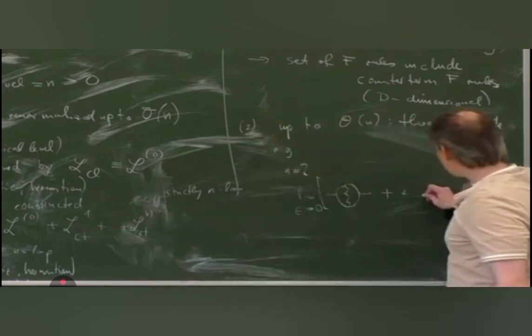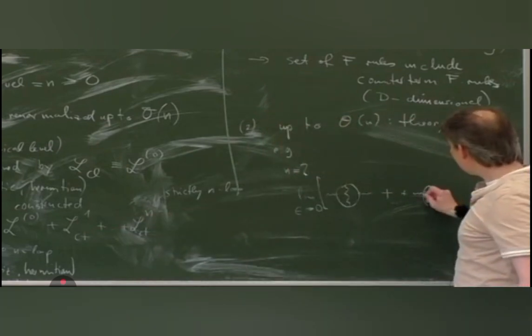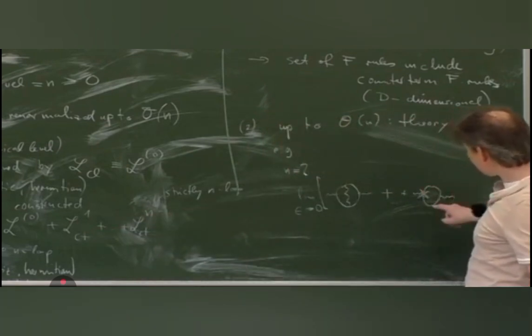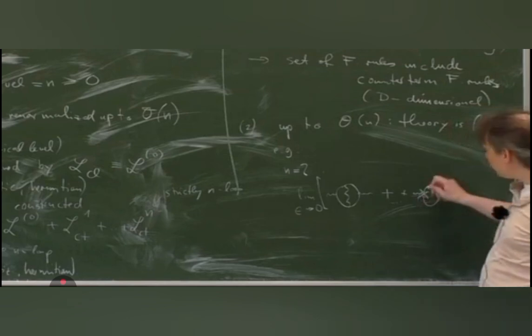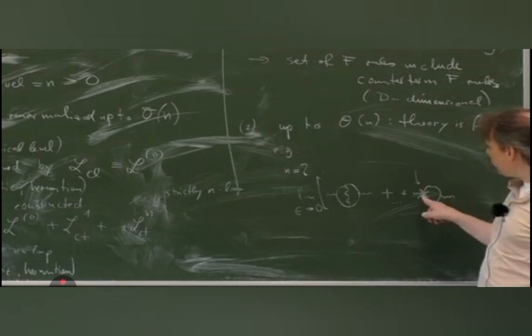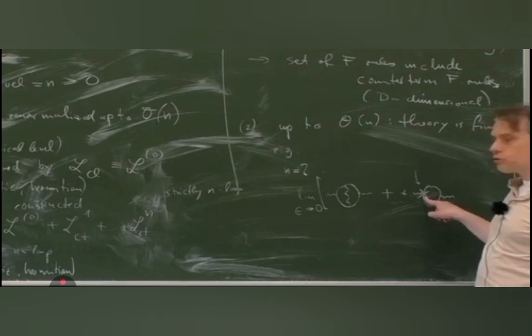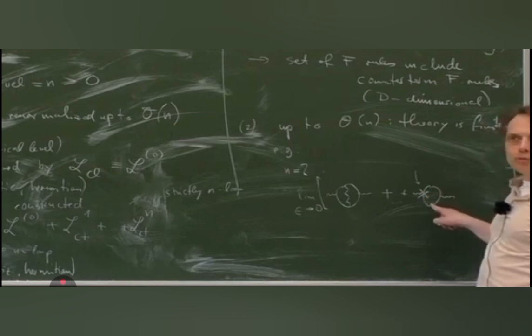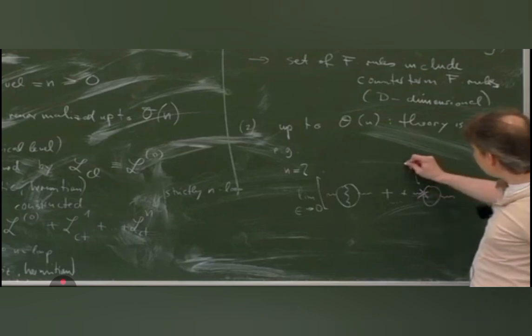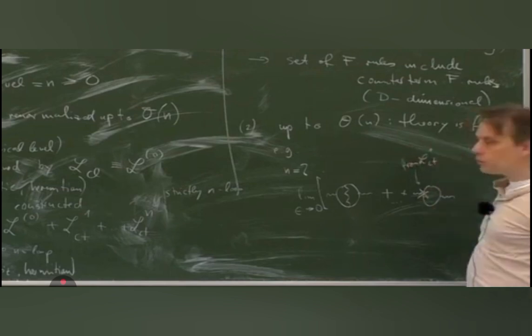Such a counterterm could look like the following Feynman rule. Namely, in the counterterm Lagrangian, there might be a term which gives rise to this Feynman rule, again photon, electron, electron, but with a coefficient which is of 1-loop order. Therefore, this diagram is of 2-loop order. And here we have a vertex from the 1-loop counterterm Lagrangian.